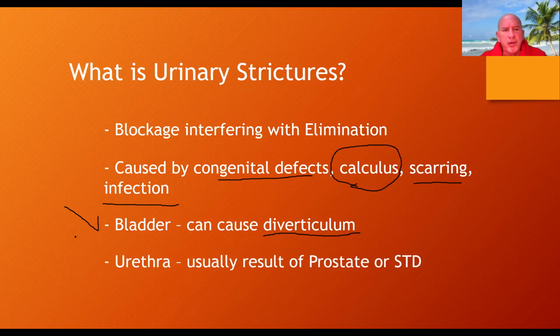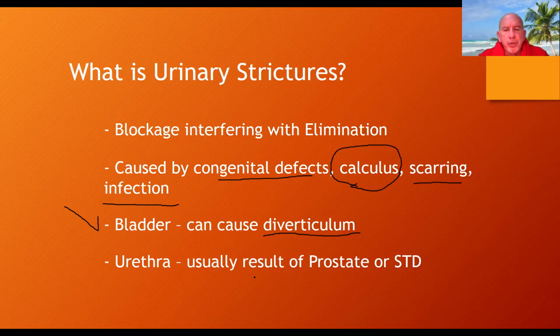We'll talk about the ureters in week 10, but in the lower part of your GU, in the urethra, usually a stricture is caused by, in the male, the prostate enlarging. There is a prostate organ in the male that produces juices that are released during sexual activity.